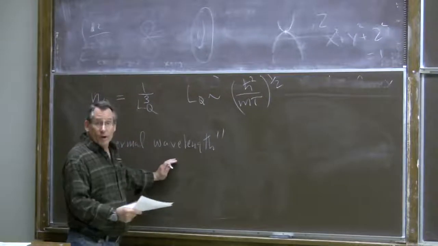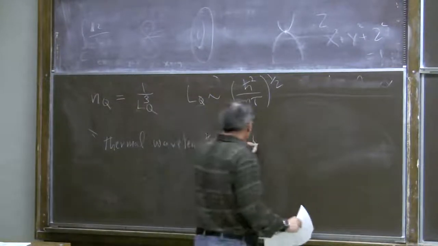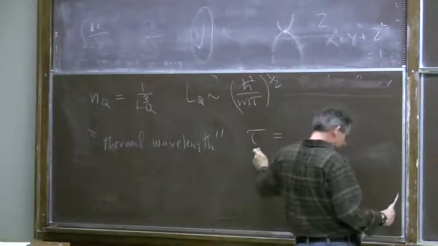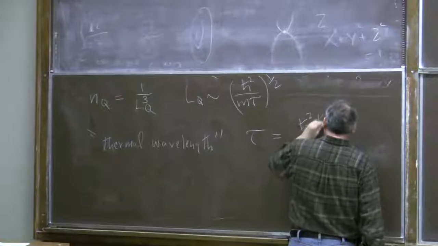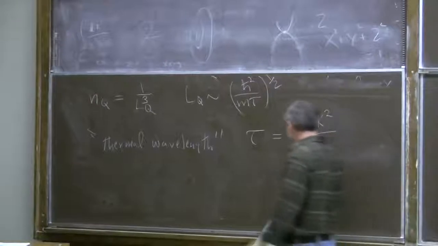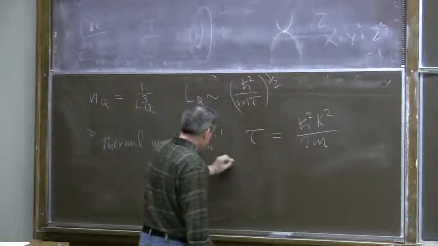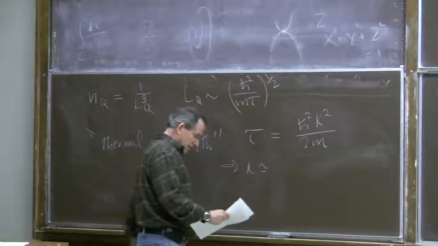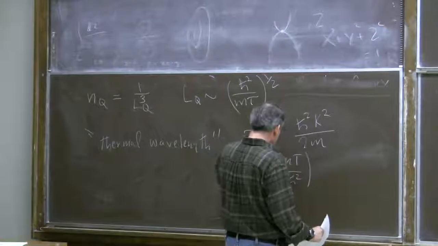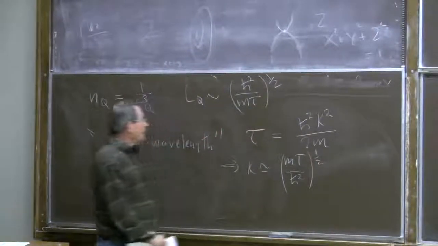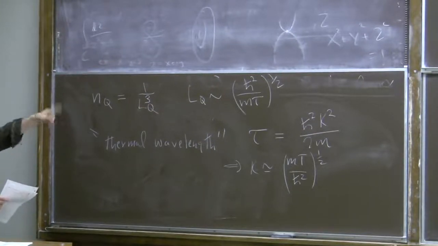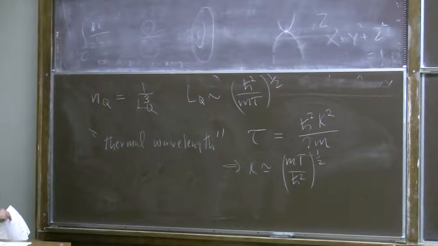So what I mean by thermal wavelength is we have a particle in the box, and if its kinetic energy is comparable to the temperature, its kinetic energy is h bar squared k squared over 2m, where k is the wave number. And that means that the wave number is something like m tau over h bar squared to the 1/2. And what I call LQ is essentially 1 over that wave number.